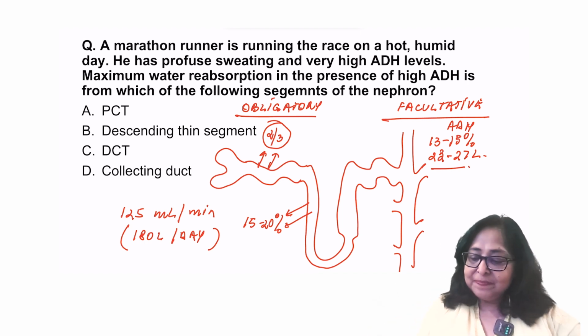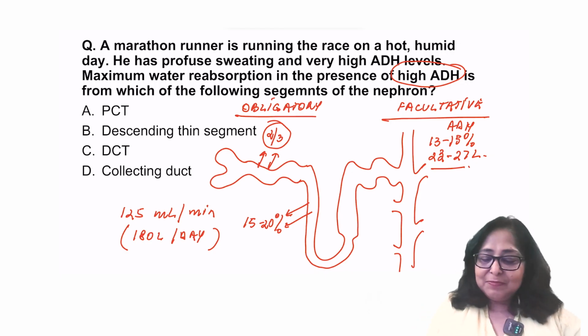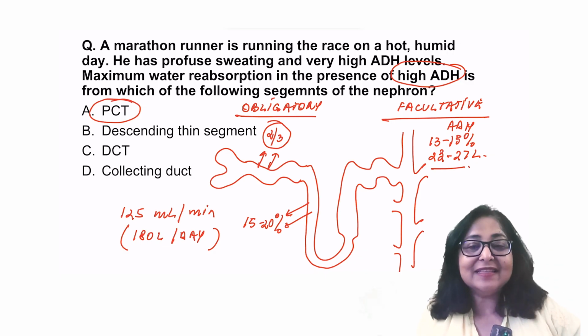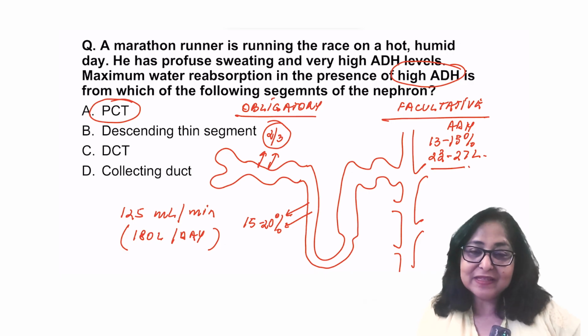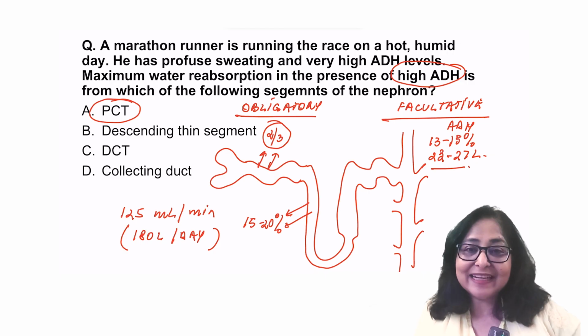So in this question, by saying that there is a very high ADH, it is only meant to confuse you. Maximum water reabsorption will still be from the PCT, that is 66%. ADH can control only about 13 to 15% of water absorption in the collecting duct, and that is facultative.